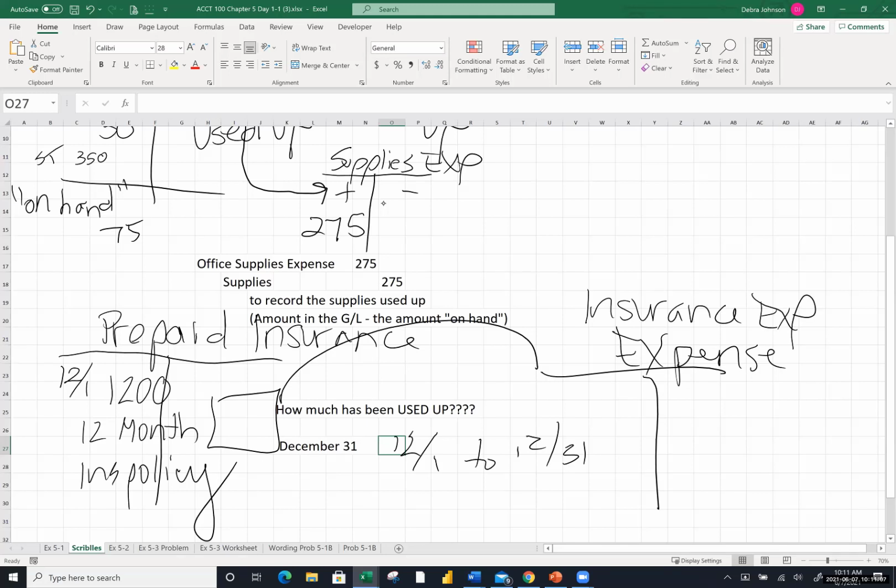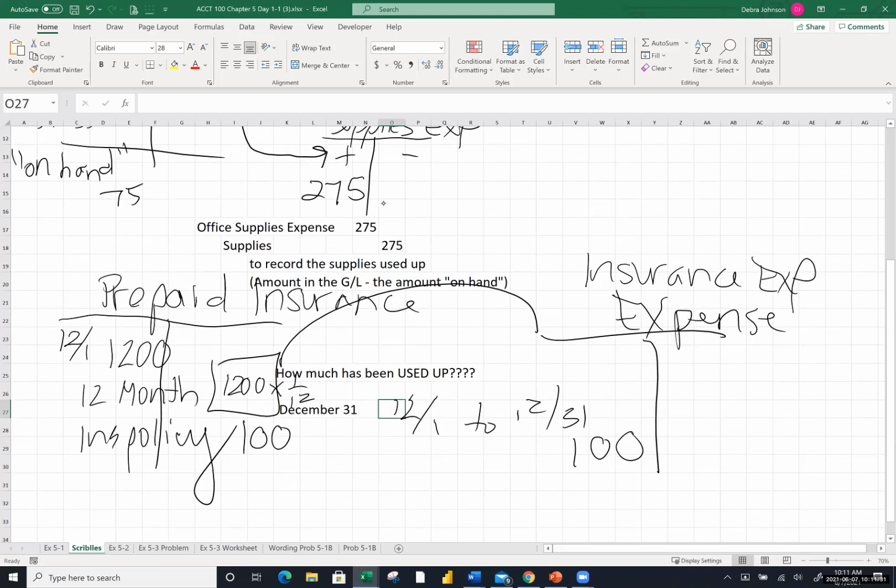How much? 1/12 has been used up. So on your calculator, if you take 1,200 times 1/12, you will get $100. $100 of that no longer has value to it. So we're going to take it out of the asset and put it into the expense account.